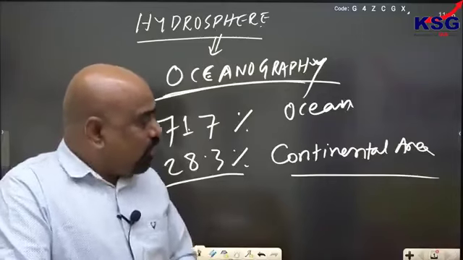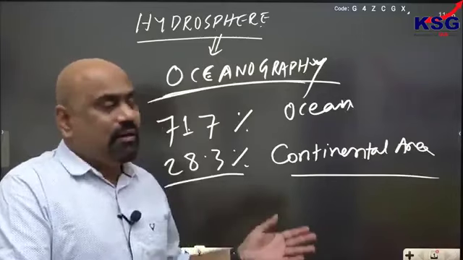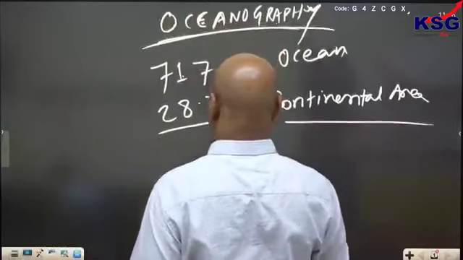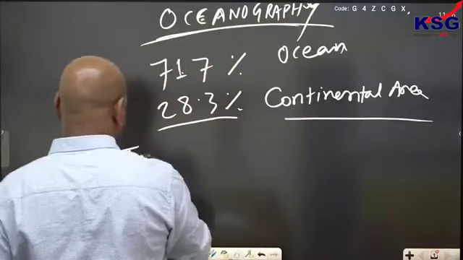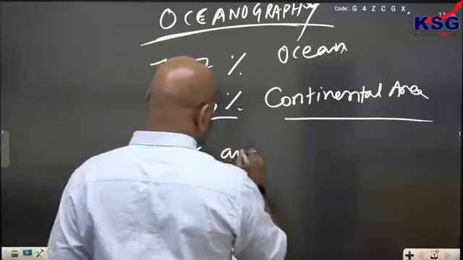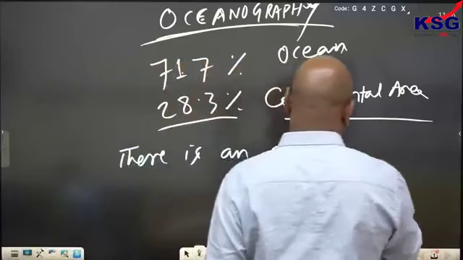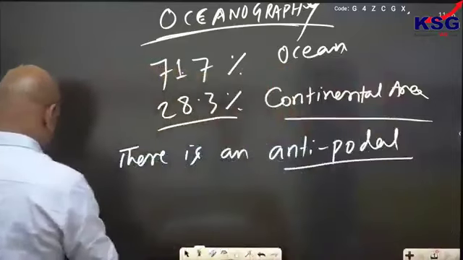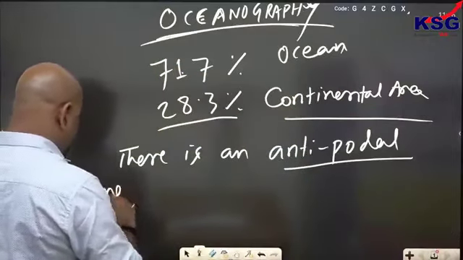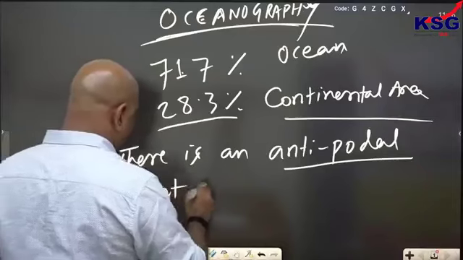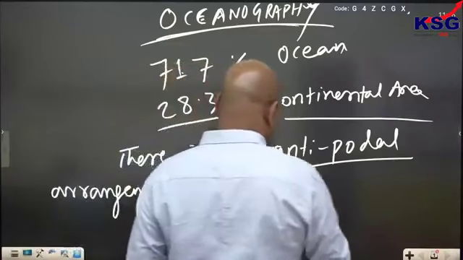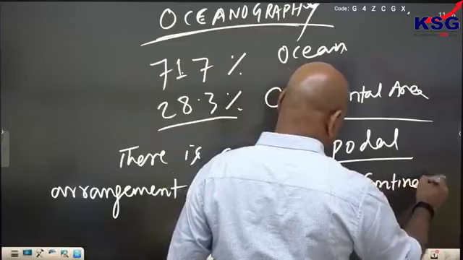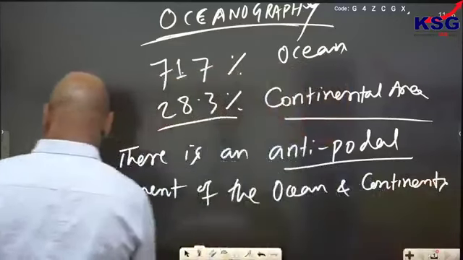Now, among these, you can say there is an antipodal arrangement of the ocean and continents over the earth's surface.